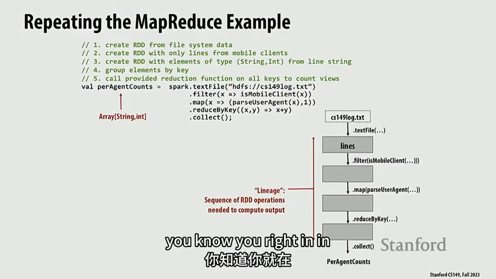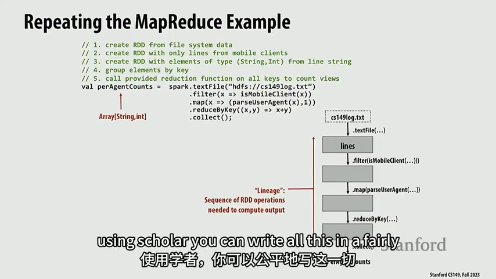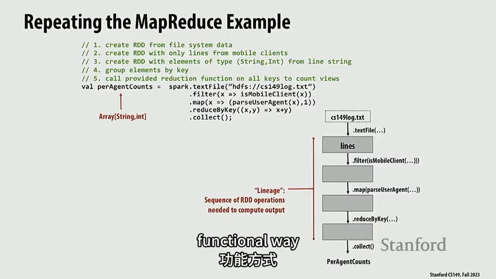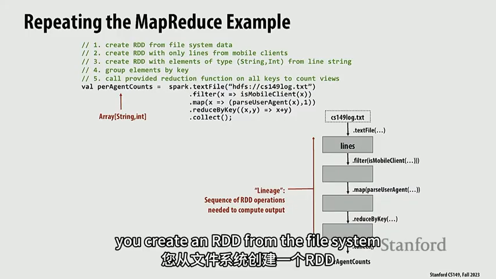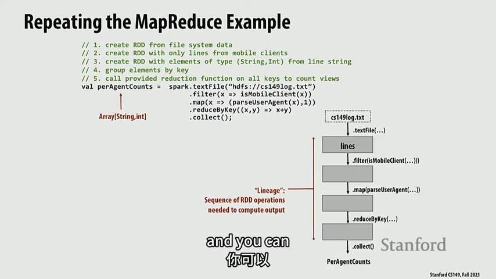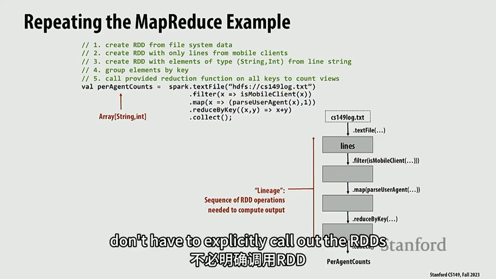you can write all this in Scala in a fairly functional way, and you can create, in this case, an RDD from the file system, and you don't have to explicitly call out the RDDs.